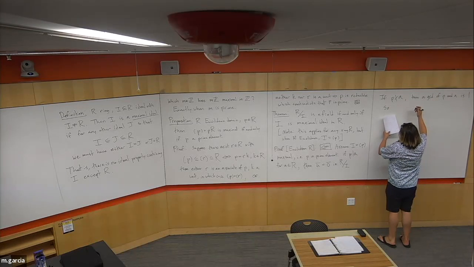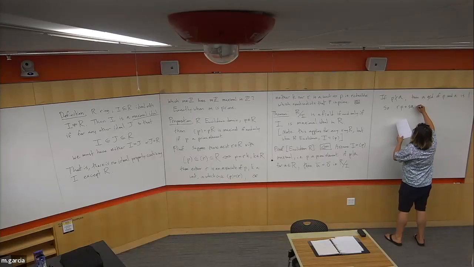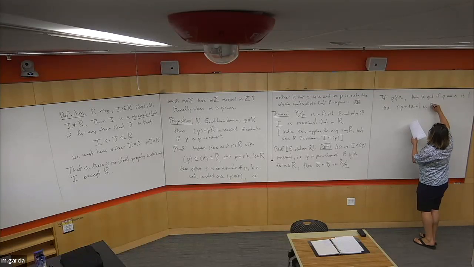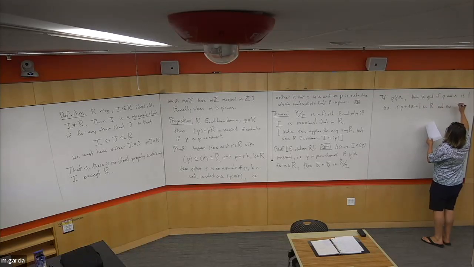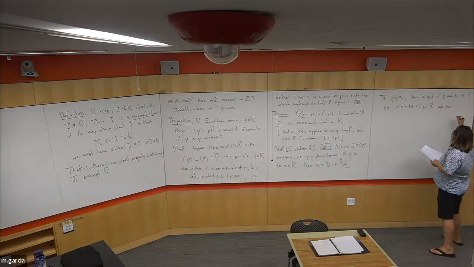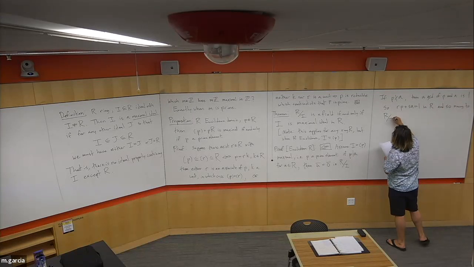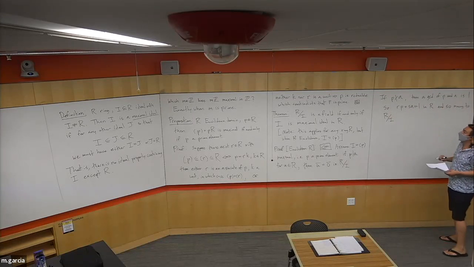So that means by Bezout's theorem, i.e. the Euclidean algorithm, we can find R and S such that RP plus SA is equal to 1 in R. And so moving to R mod I, that is, I want to take this equation and look at it in R mod I. What do I get?